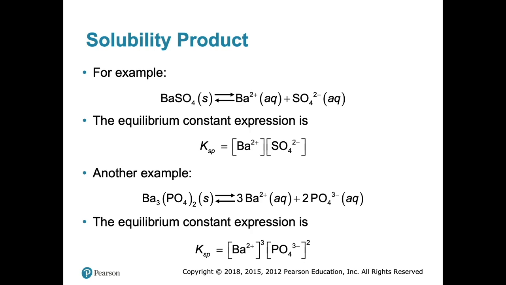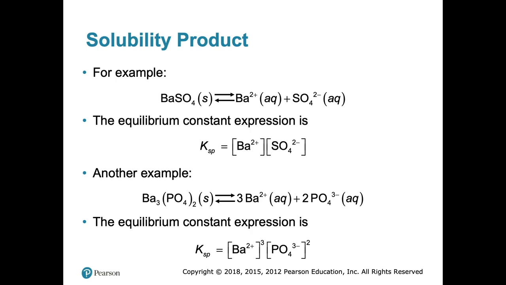And so, for example, now we have something like barium phosphate. For barium phosphate, you need 3 bariums for every 2 phosphates. So when they separate out, the subscripts become the coefficients. So you have 3 moles of barium and 2 moles of phosphate.